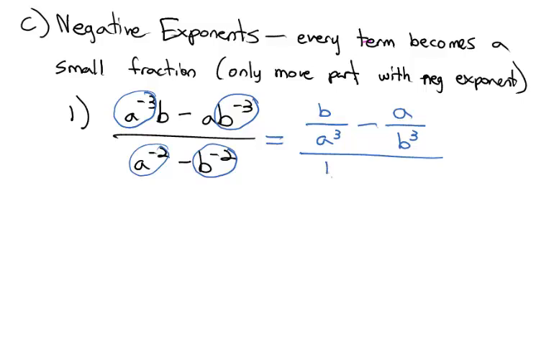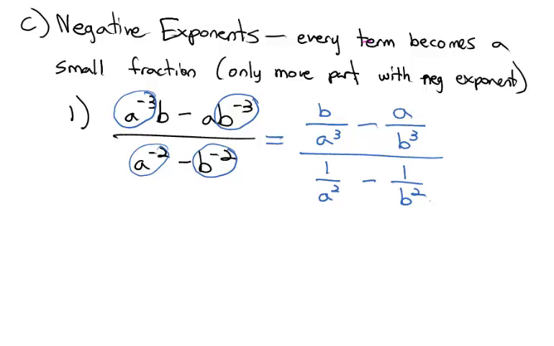All over, when the a squared moves down, we need a placeholder of 1 on top. Minus when the b squared moves down, we need a placeholder of 1 on top. So the negative exponent simply signifies to us that we need to move down to the denominator of a little fraction.